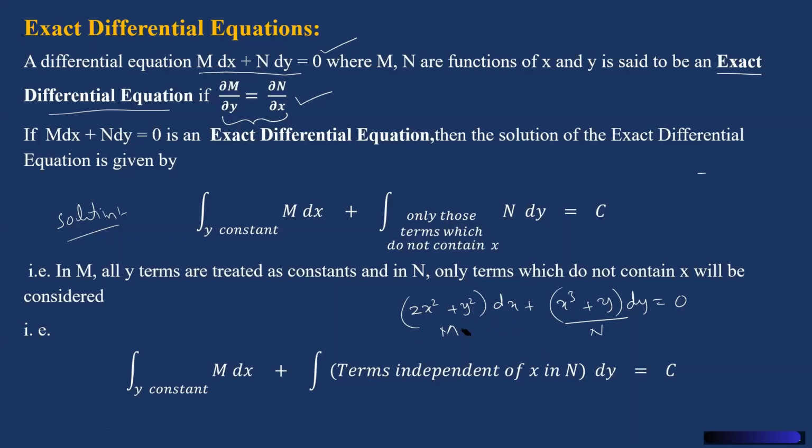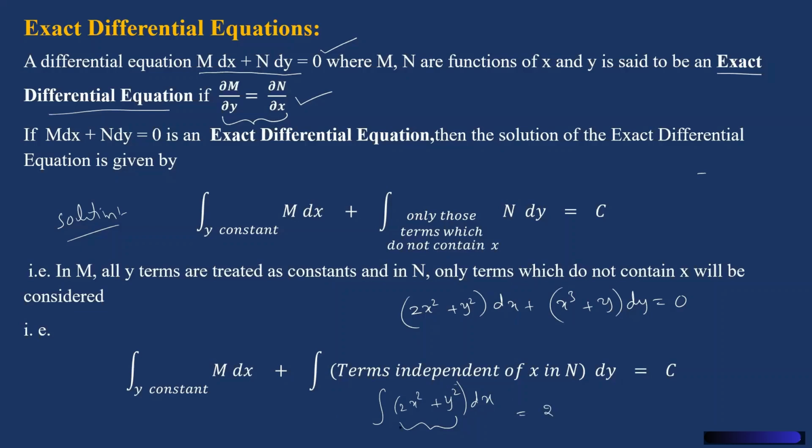In case this is exact, we are going to integrate m with respect to x, but we are treating this y as a constant. We are just integrating all this with respect to x by treating this y as a constant. When this y is a constant, what happens to this integration? Anybody? You can just recall yourselves.